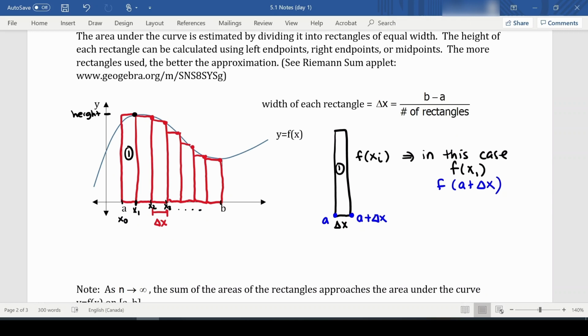If we had a left endpoint, this would be f of A. And that's because if we had a left endpoint, my corner would have been right here, and I would have drawn in my rectangle like this. And so my height would have been different. It would have been down here. And this would have been at an x value of A.